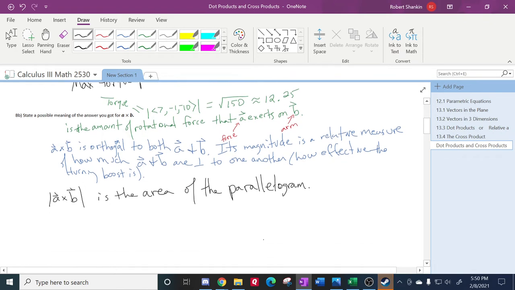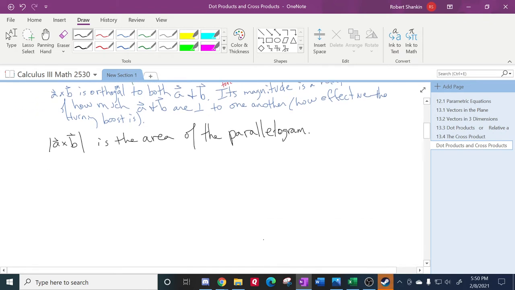Now, there's a quick picture that really shows that. This is B, and this is A. How do you find the area of this parallelogram?